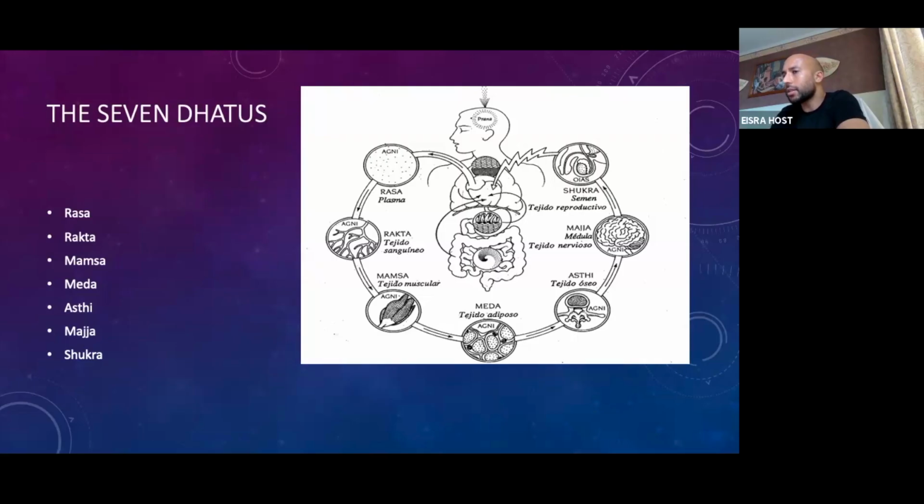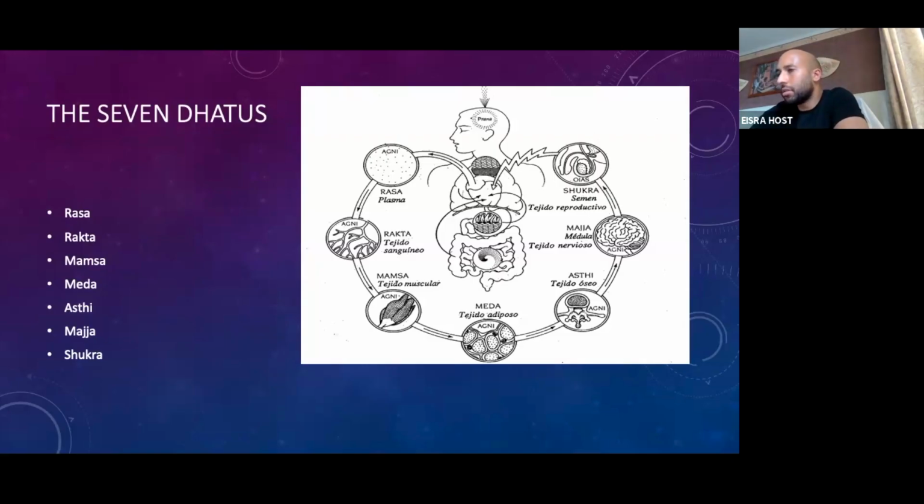What is rasa dhatu? It is the mother of all other tissues. If the mother is not nourished, she cannot nourish her child. Similarly, all other bodily tissues depend on good quality rasa dhatu. Whenever we see any issue with the quality of any bodily tissue, we always go back and check if rasa dhatu is okay or not.